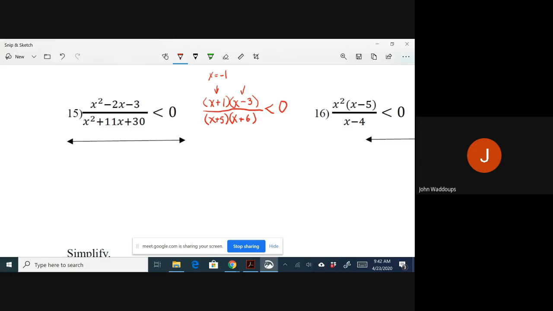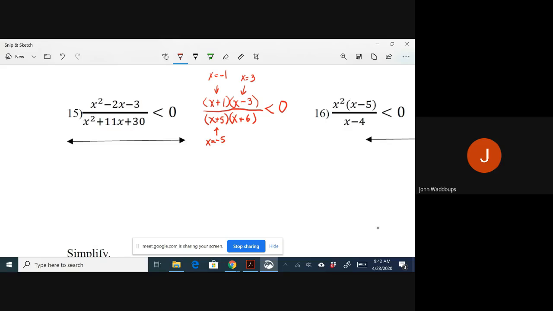Over here, x equals 3, because 3 minus 3 is 0. Here, we say x equals -5.